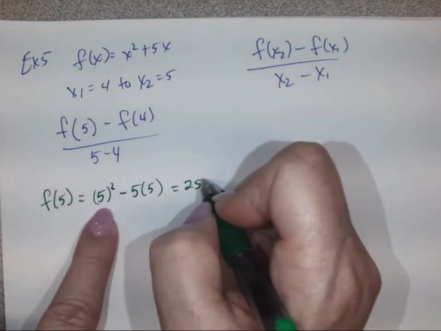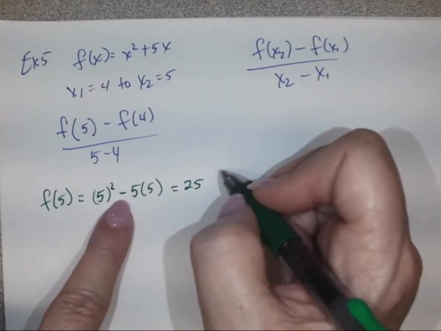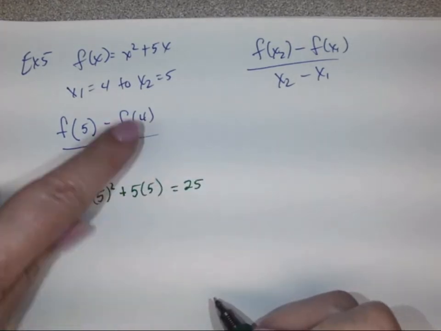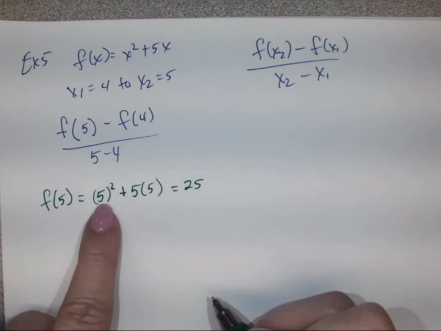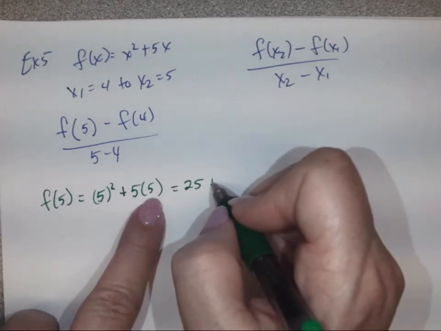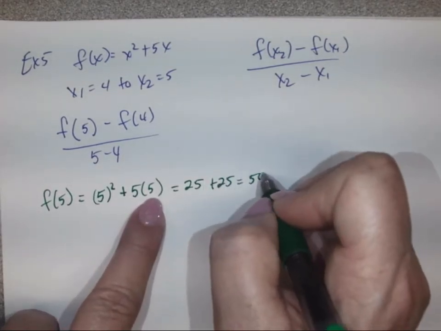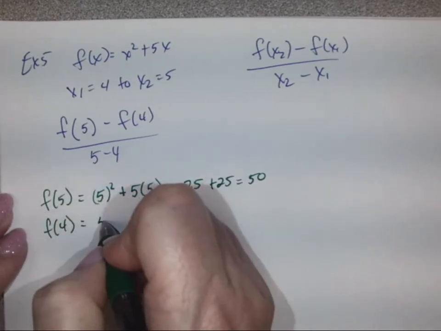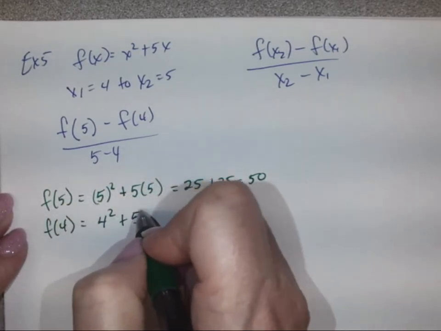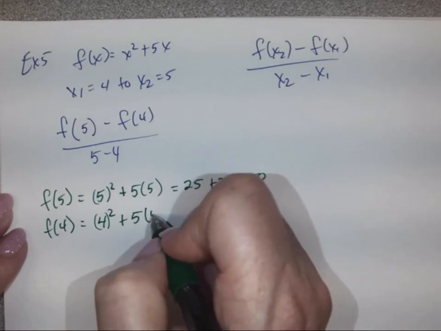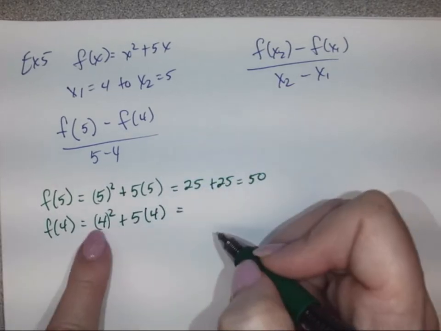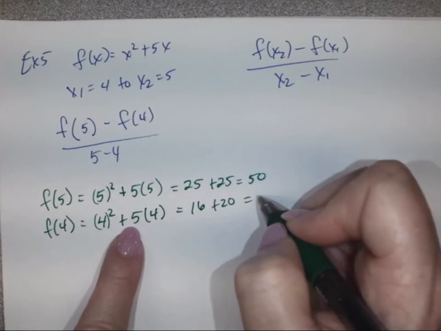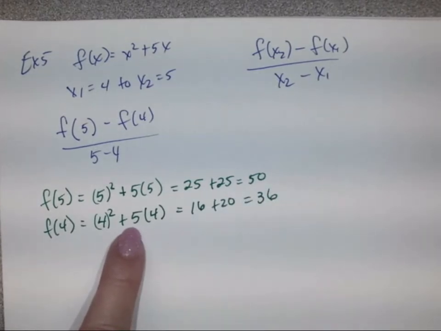That's 25. Oh, sorry, this should be plus. X squared plus 5x. So 5 times 5 will be again 25, which will get us 50. And then f at 4 will be 4 squared plus 5 times 4. 4 squared is 16. 5 times 4 is 20, which will get us 36.